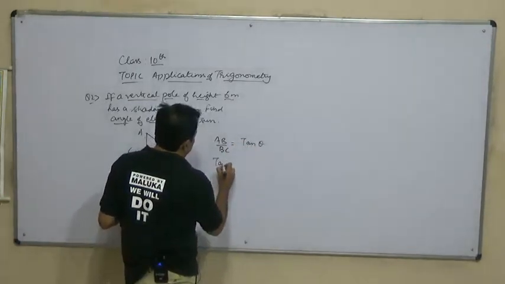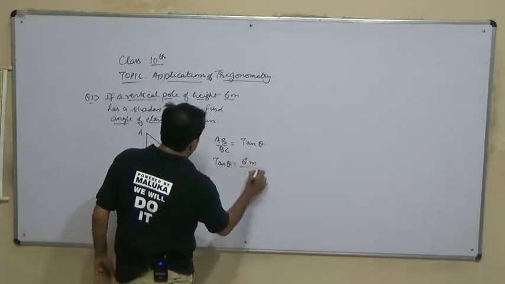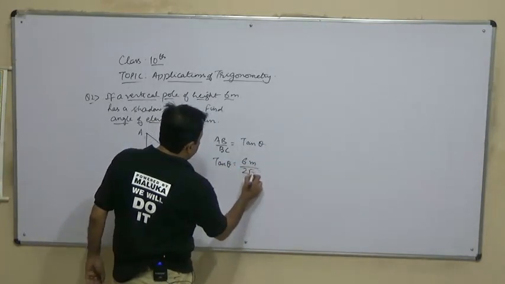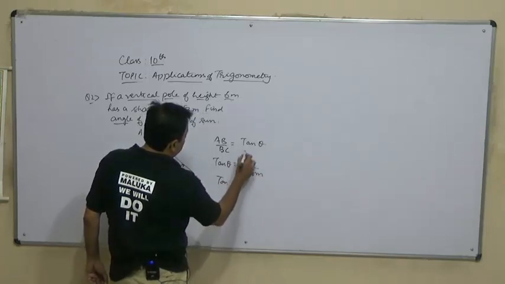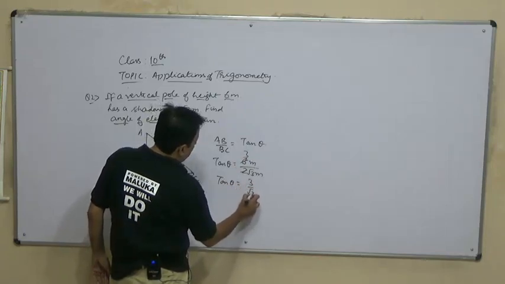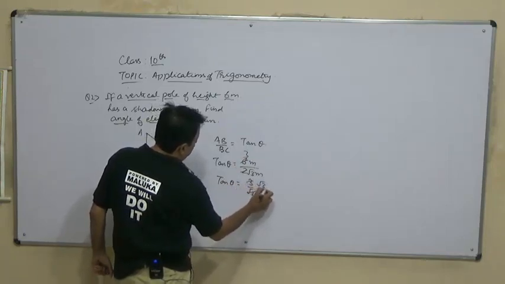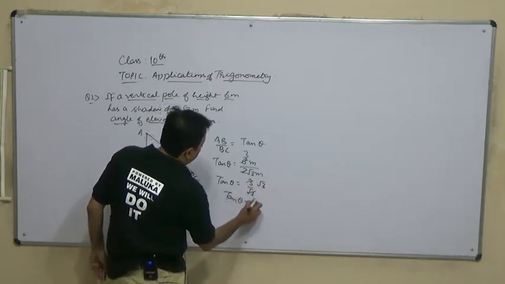So tangent theta is equal to AB, which is 6 meter, upon BC, which is 2 under root 3 meter. So tangent theta is equal to 3 upon root 3. This cancels out to under root 3. So tangent theta is equal to under root 3.